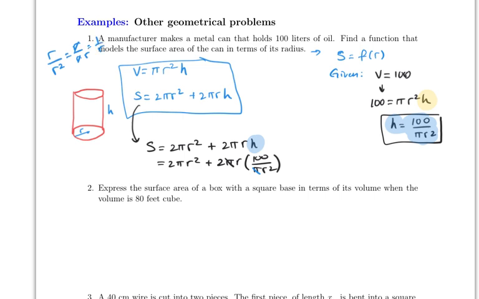And if you multiply, the surface area will be 2 pi r squared, and how much is 2 times 100? 200 over r. So when you simplify all of this, you end up with this part, and now you have the surface area in terms of just the radius. Notice there's only one variable there.